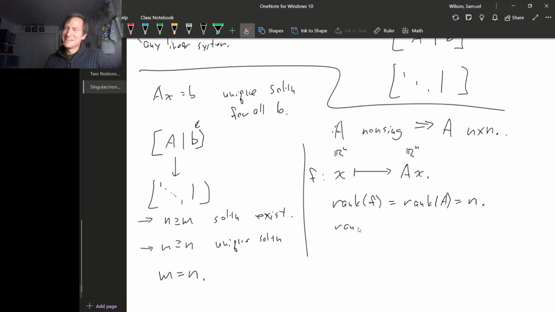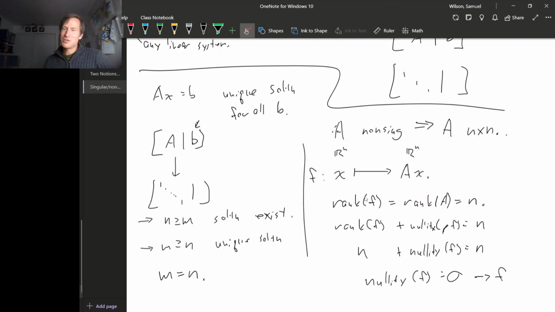We know the rank of f plus the nullity of f is the dimension of the domain space, which is n. Well, if the rank is n, then there's nothing left for the nullity. The nullity has to be 0, right? But that means that this function f, which is really just matrix product with A, is one-to-one.